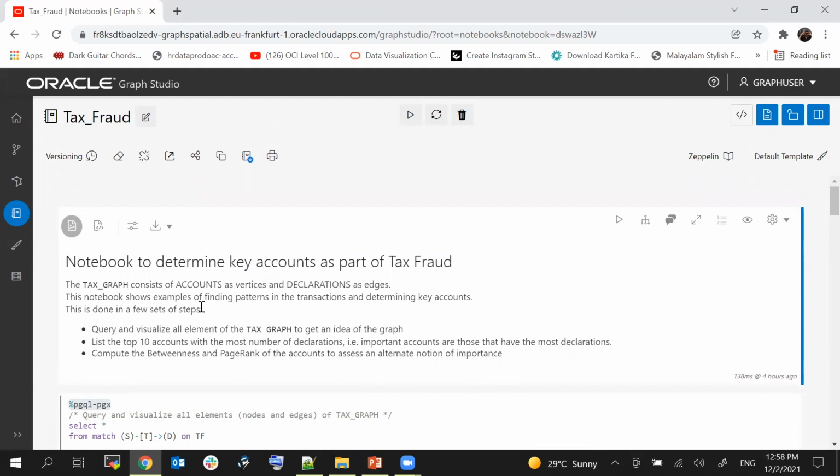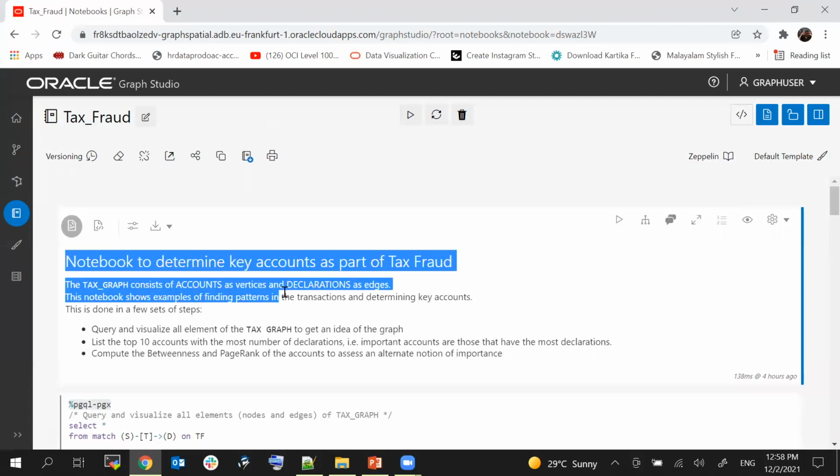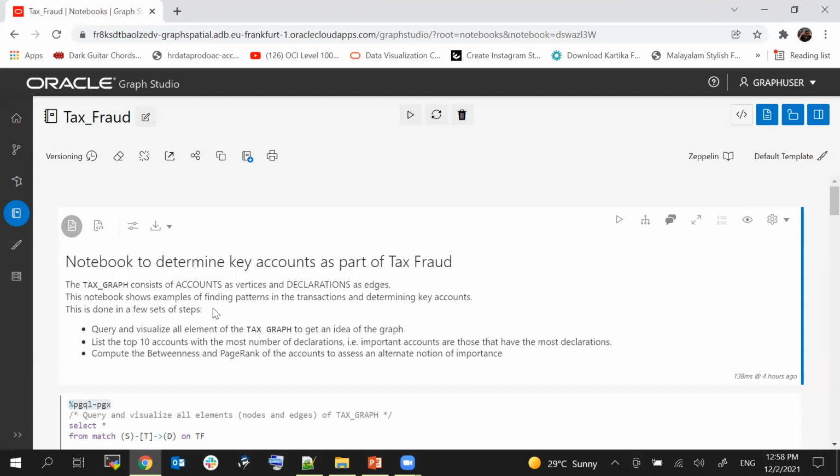And it's nothing but it allows you to write your text and then use it as a description. So if you want to publish the insights to the higher authority, and if you want to present this in a meaningful way, you can have a markup paragraph which clearly tells with its own rich set of formatting why we have come up with such a graph and what is the importance of such a graph.